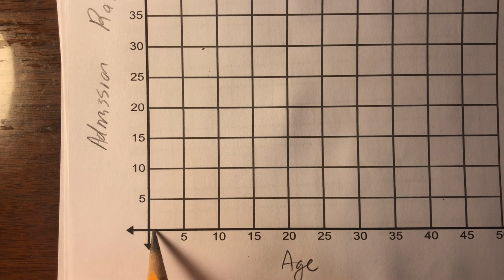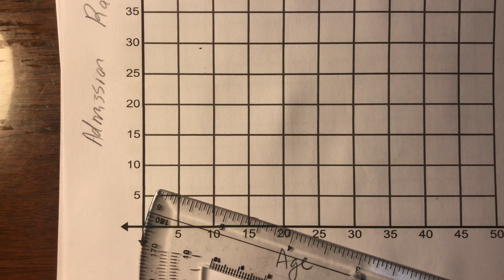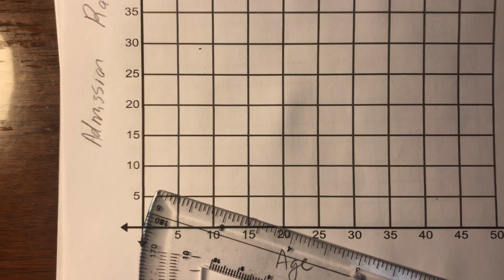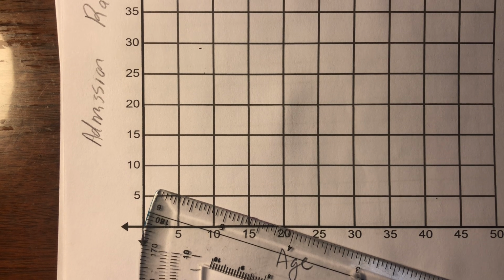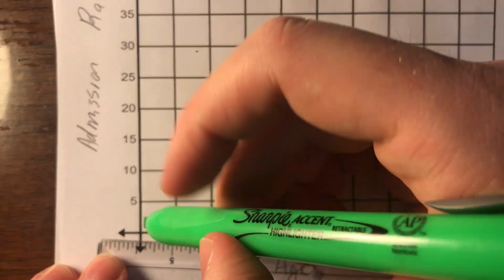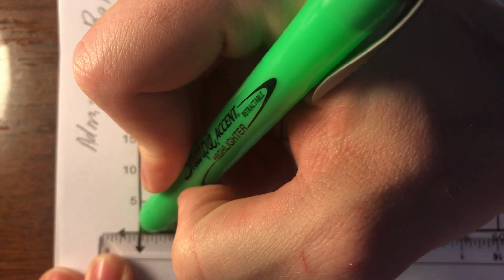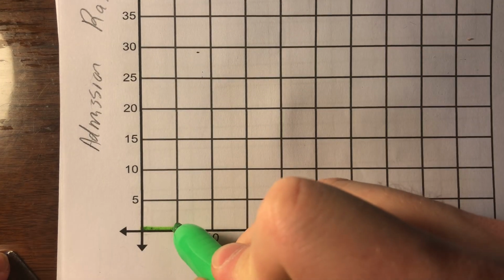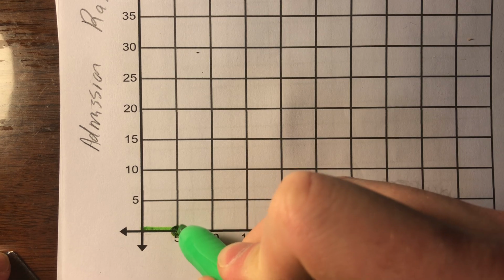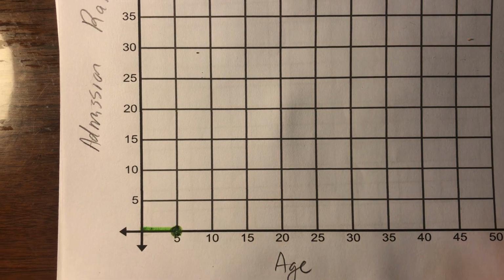So you won't really be able to see it. Actually, let me do it in purple so it shows up a little bit better. Actually, maybe a green highlighter would be good. So between these two, then I'm going to put a dot that's filled in at 5. So we want to make sure it's obvious we're including that.